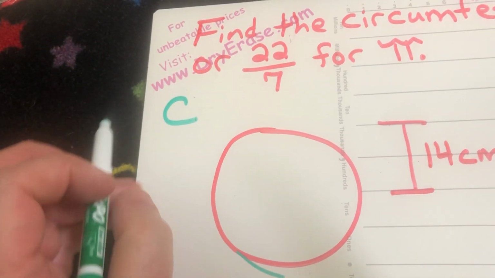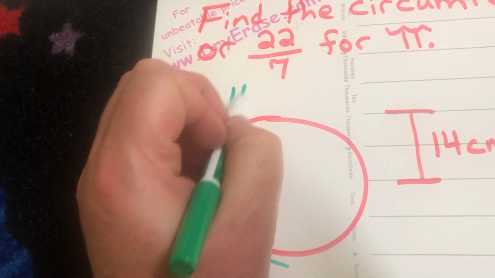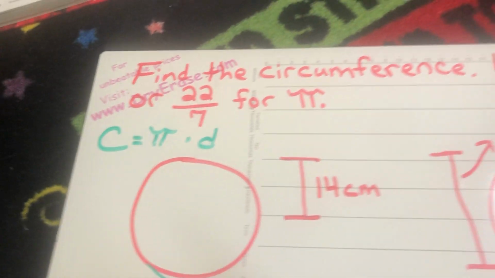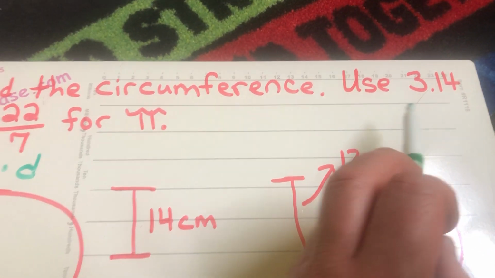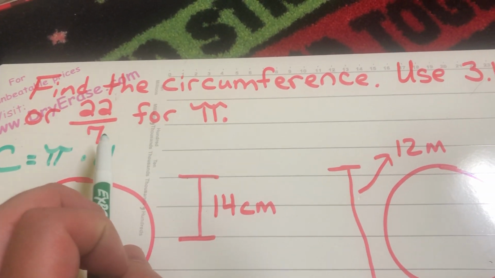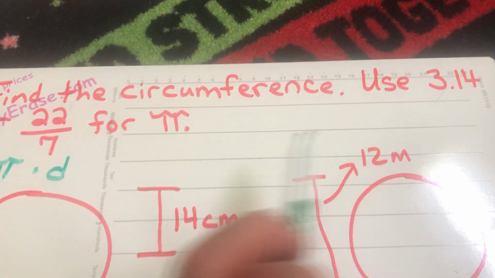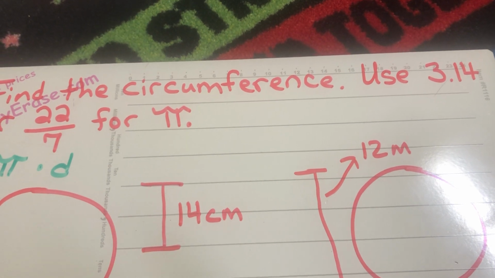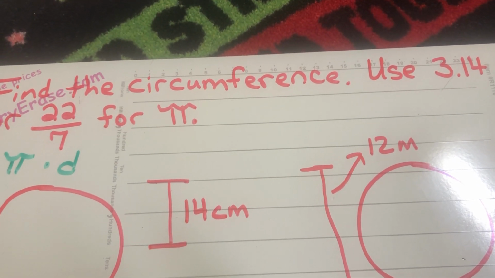Circumference, which we'll use C for, equals pi times the diameter. And for pi, we're going to use either 3.14 or 22/7. 22/7 and 3.14 are not exactly the same thing. They're very close, but they are not exactly the same thing.